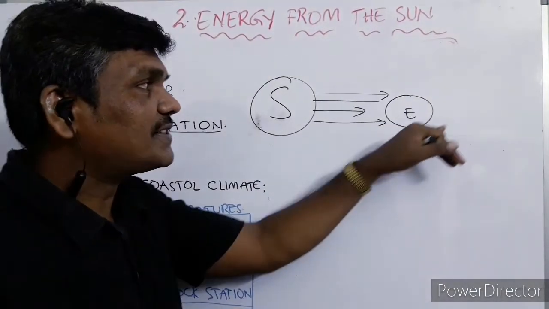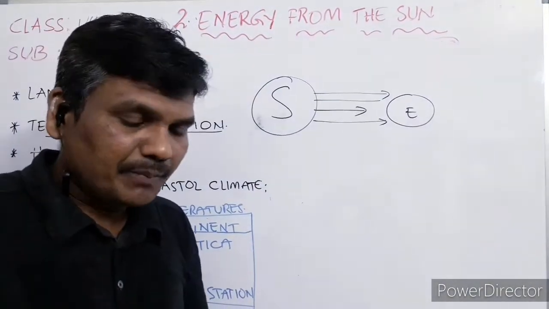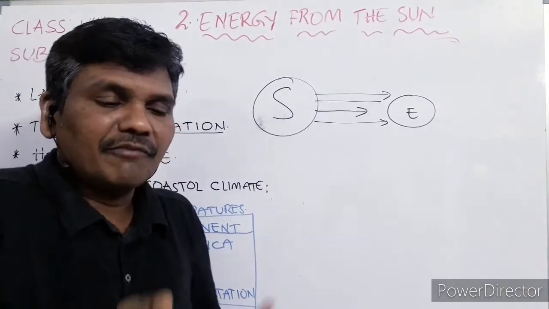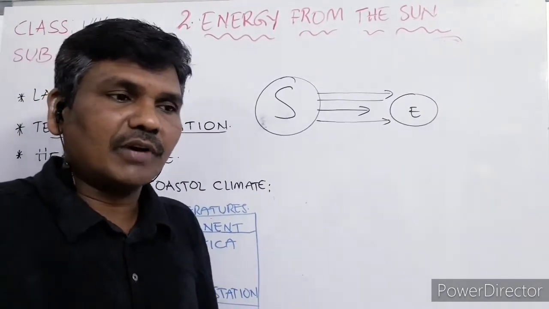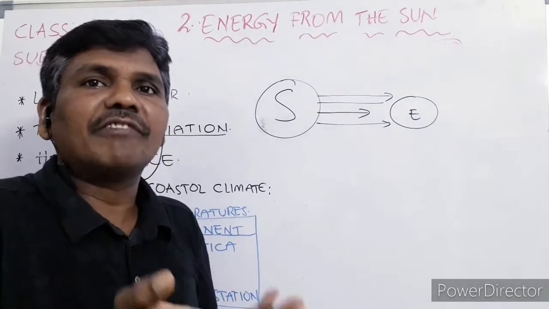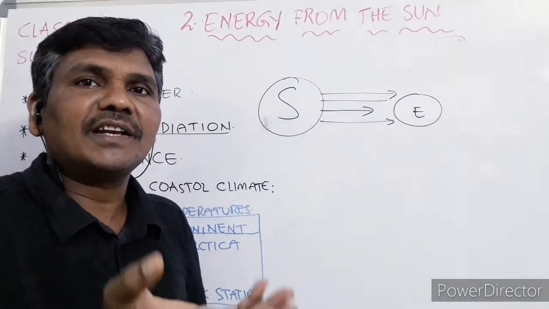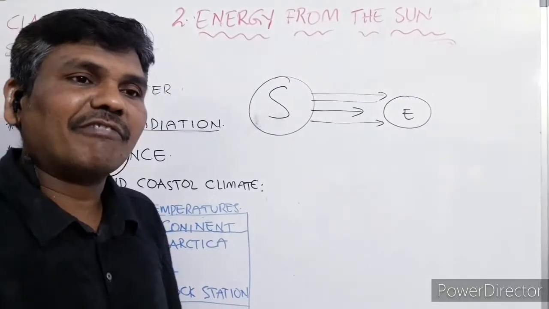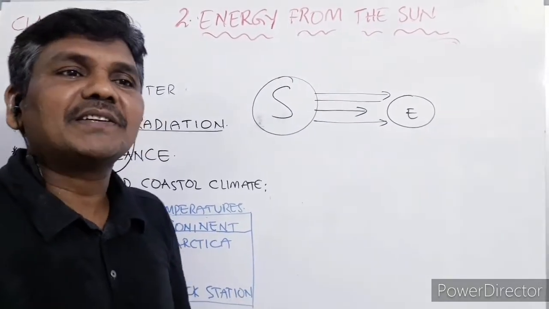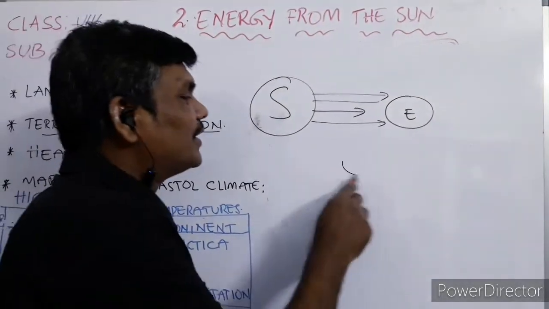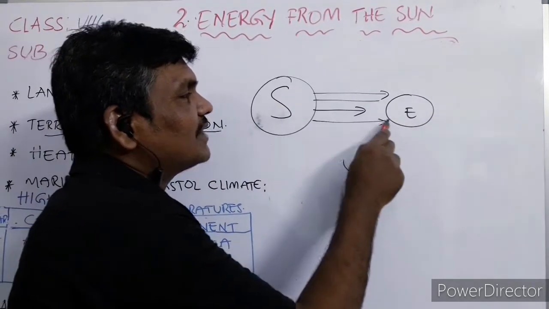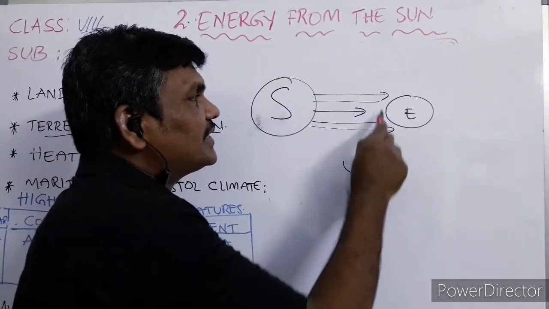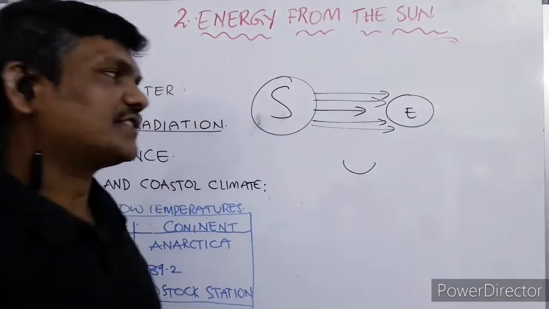So the surface becomes hot. Imagine we put a vessel on the stove and pour some water in it. First the fire heats the vessel only. Like that, the temperature is hitting the surface of the earth.